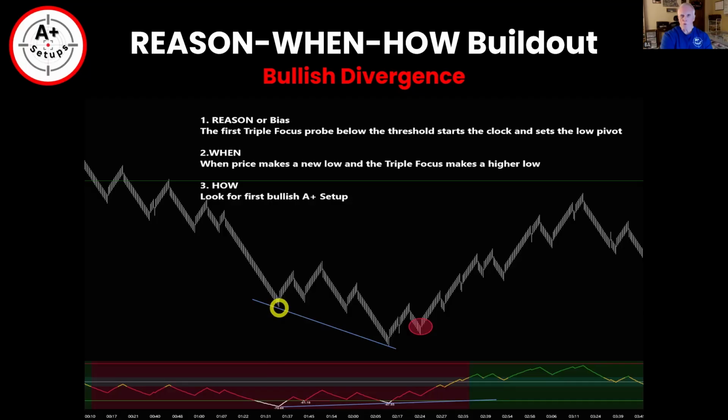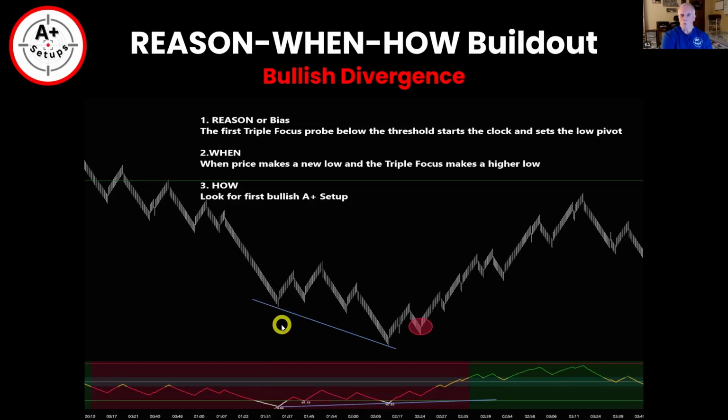So that low is what we measure. Now we're just looking for a lower price and a higher low in the indicator. So we have a reason to be looking for a bullish trade back here.